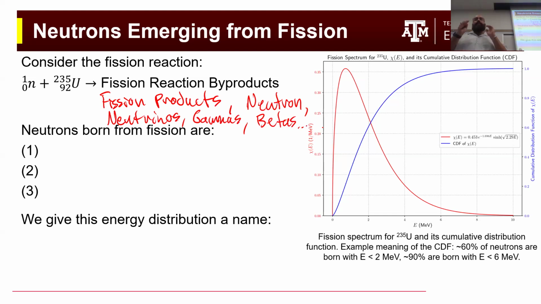When focusing specifically on the neutrons coming out of that fission reaction, there's a couple things we want to know about them. The first thing is that the neutrons that come out of fission are independent of the initial neutron energy that caused the fission. So these neutrons are independent of the incident neutron energy.